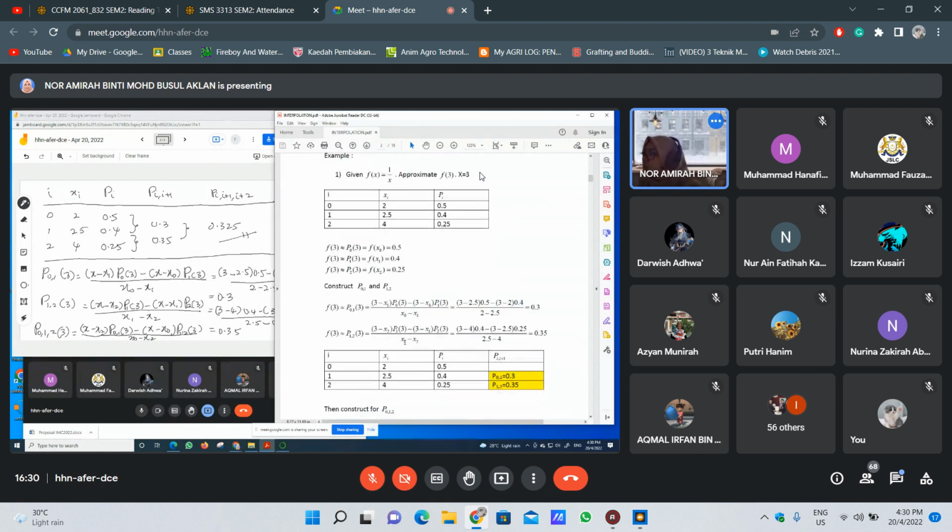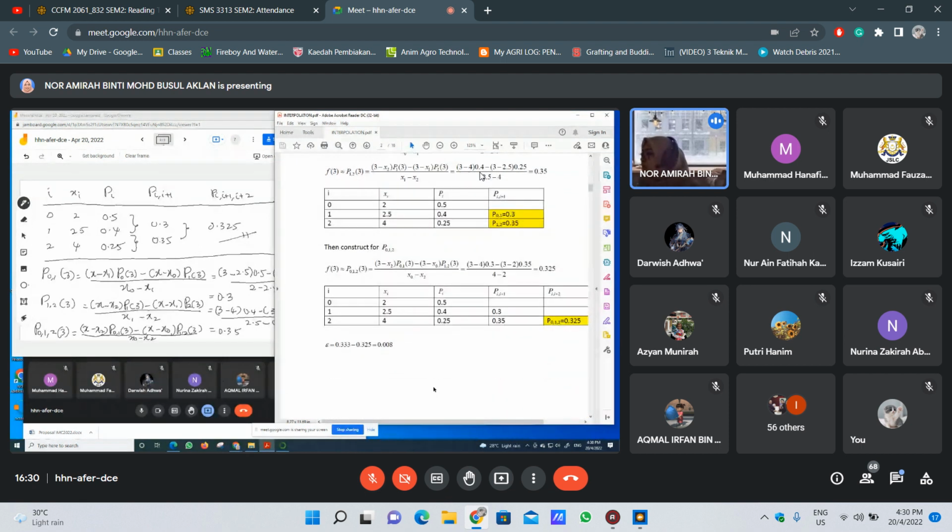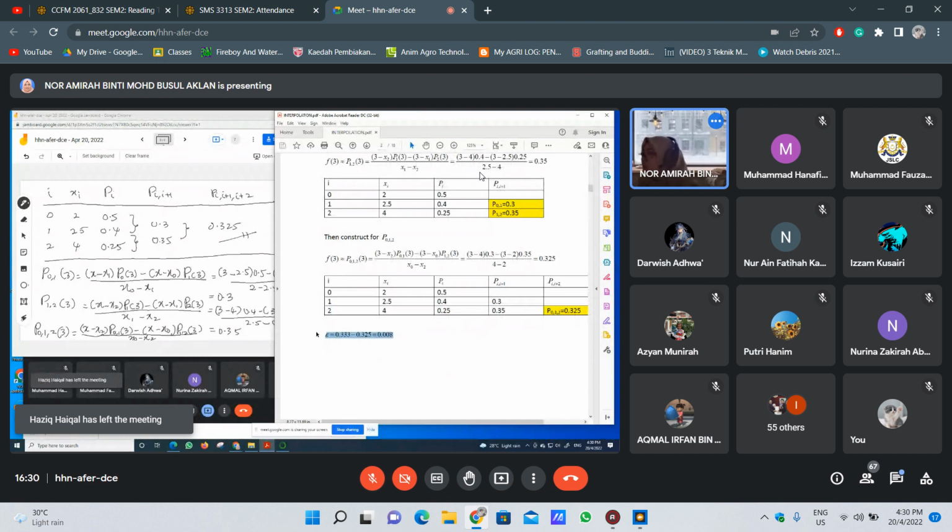Betul? 0.01 gitulah. So maknanya dia tak lagi sangat. Okay, so kita tengok. Dia punya error 0.008. Nampak kelas ni? The error is around 0.008. So this is acceptable. Okay? So this is interpolation. Faham?